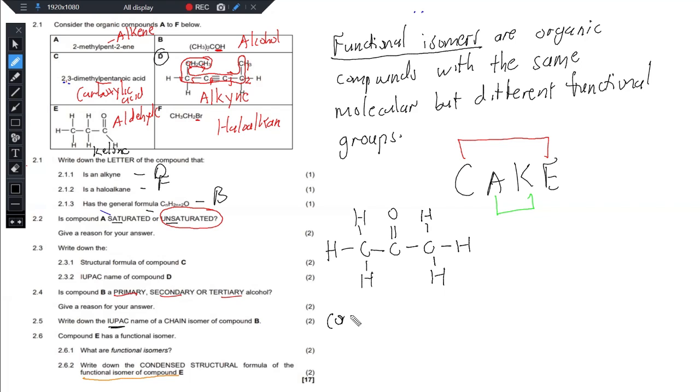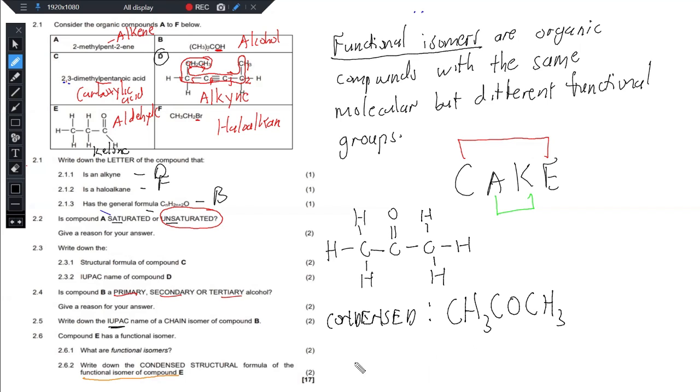So in terms of the condensed structural formula, this is what you do. This first carbon here, how many hydrogens is it bonded to? 3. So that becomes CH3. This carbon here is bonded to an oxygen, and then that carbon here is bonded to 3 other hydrogen atoms. So this is what they mean when they say condensed structural formula.